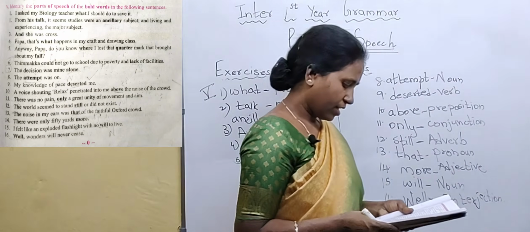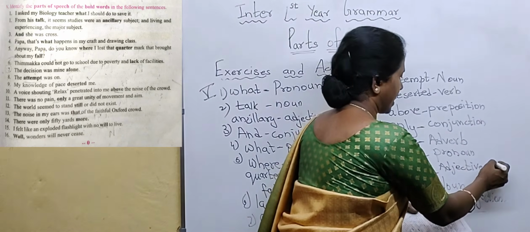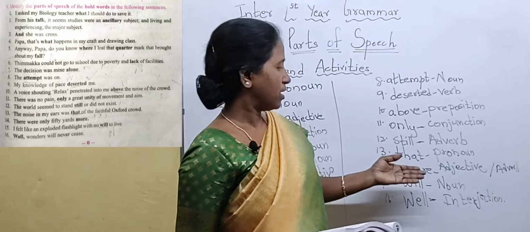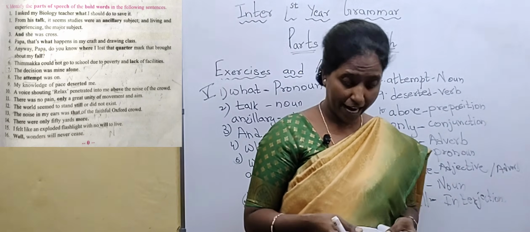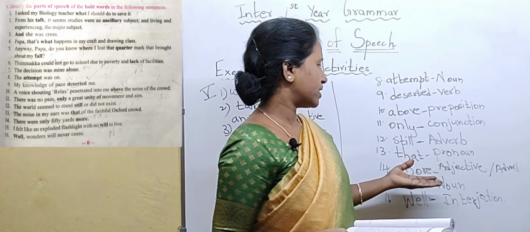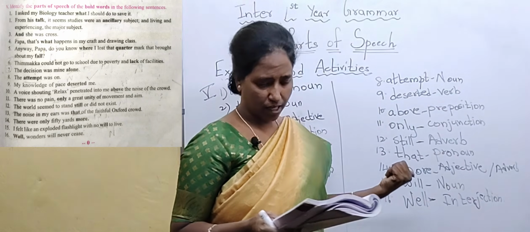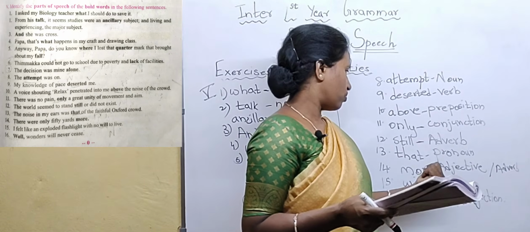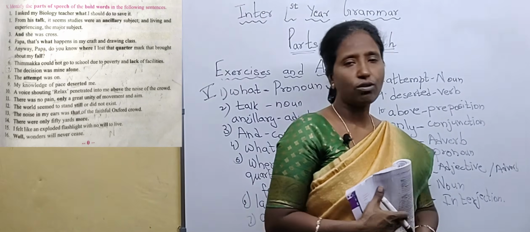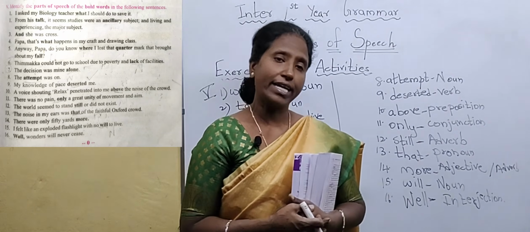Okay. Here you can say more as adverb also because it is defining the adjective. You can say it as adverb also and adjective also because it is telling about the noun 50 yards also. So, it can be told as an adjective also or an adverb of quantity also.